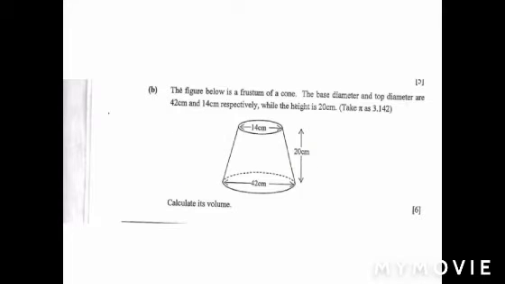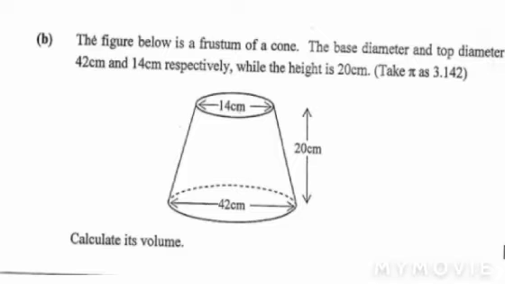Let's look at a question that I sampled from the ECZ past papers. It says that the figure below is a frustum of a cone. The base diameter and top diameter are 42 centimeters and 14 centimeters respectively, while the height is 20 centimeters. Take pi as 3.142.